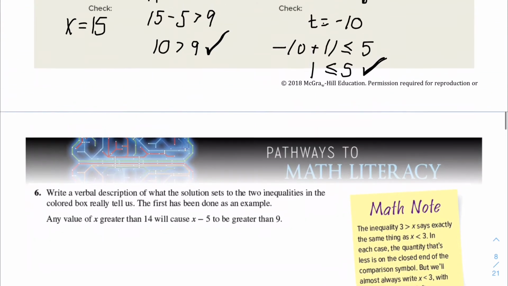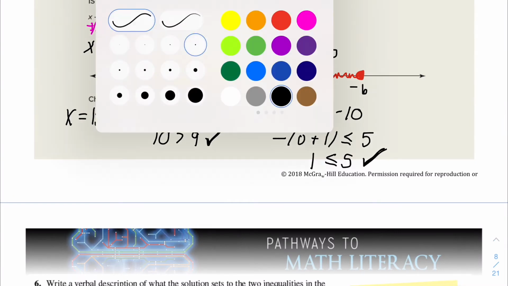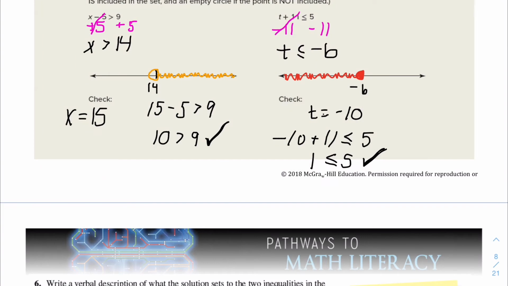If you look at this first one, our solutions are any values of x greater than 14 causes this original inequality to be true. So it causes x minus 5 to be greater than 9. So this first one's done for us. Any value of x greater than 14 causes the original expression x minus 5 to be greater than 9.